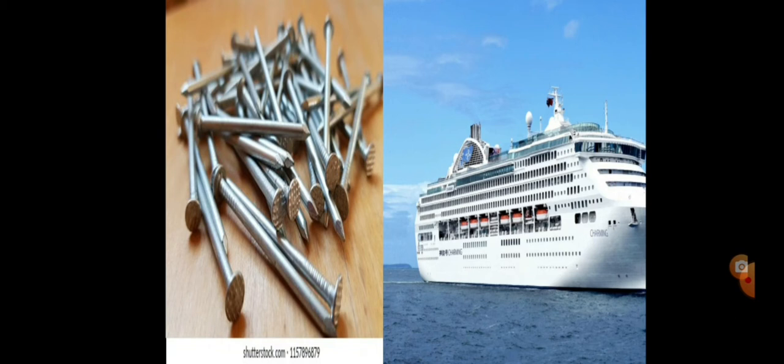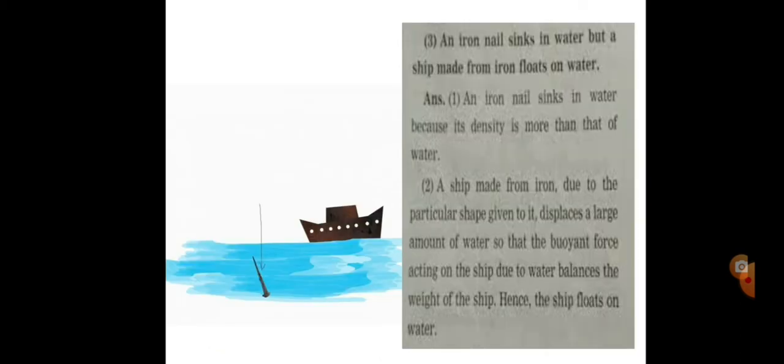Okay, that is the interaction of pressure. Next, first of all, the ship and the iron nail. The iron nail sinks in water because its density is more than that of water.